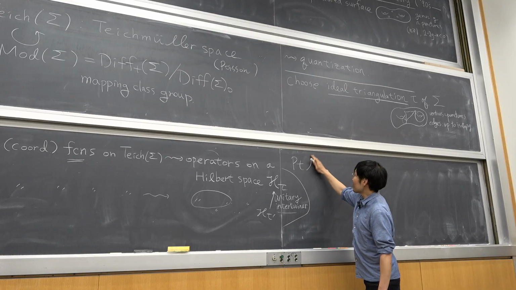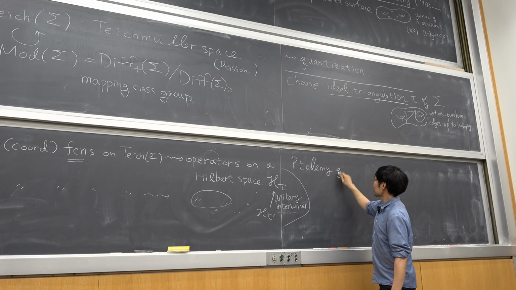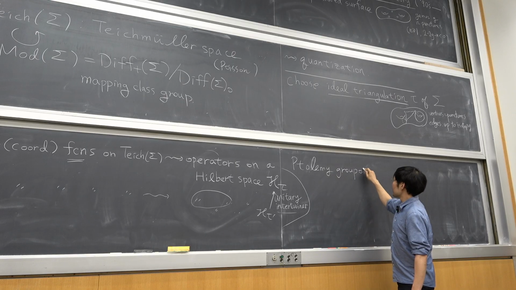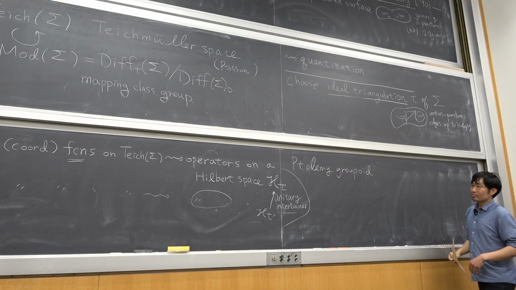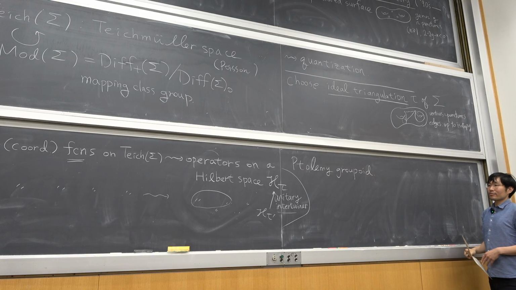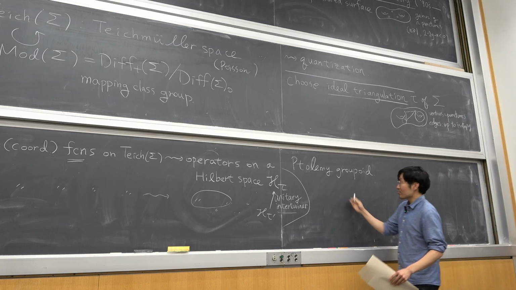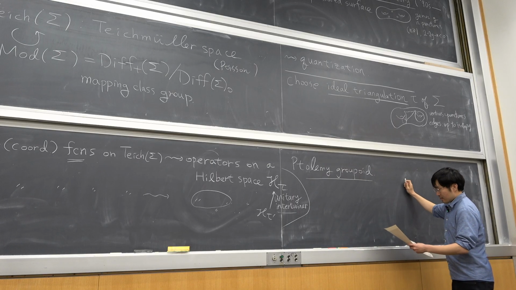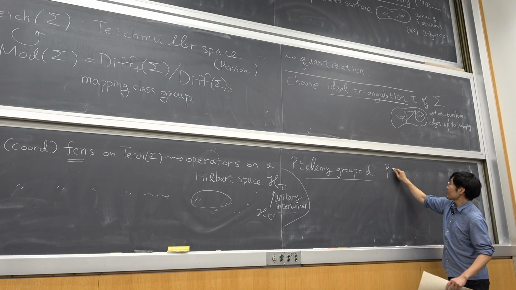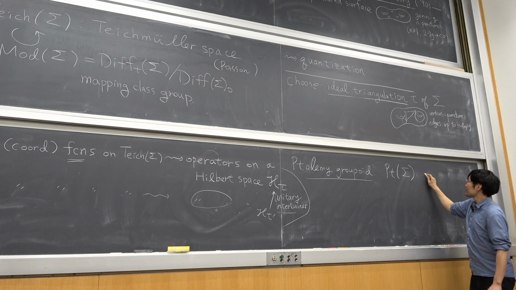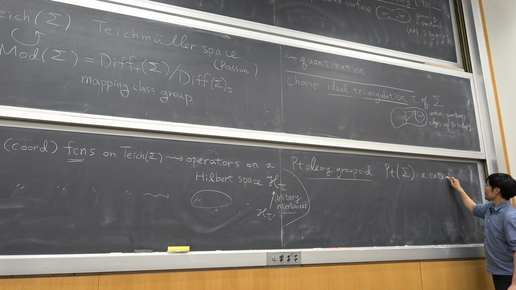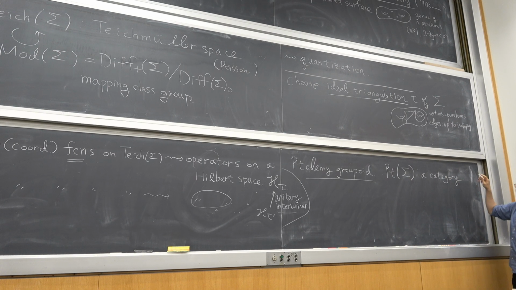And I will call this groupoid the Ptolemy groupoid. I think there are at least two different ways of understanding the word groupoid. I am viewing it as a category where every morphism is invertible. So this is just a category, Pt of sigma. Just a convenient way of formulating this.